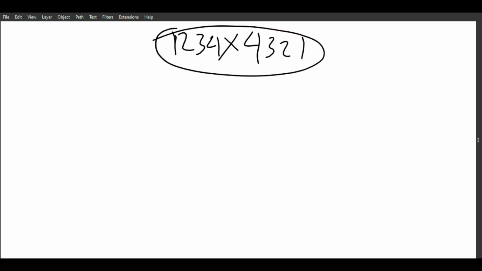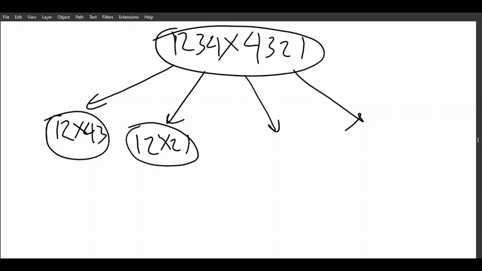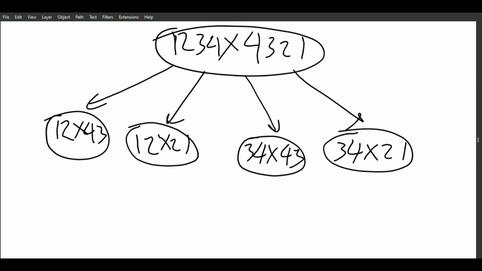This is divided into 4 sub problems. The divide step, and the sub problems are 12 multiplied by 43, 12 multiplied by 21, 34 multiplied by 43, 34 multiplied by 21. This is first level of division.